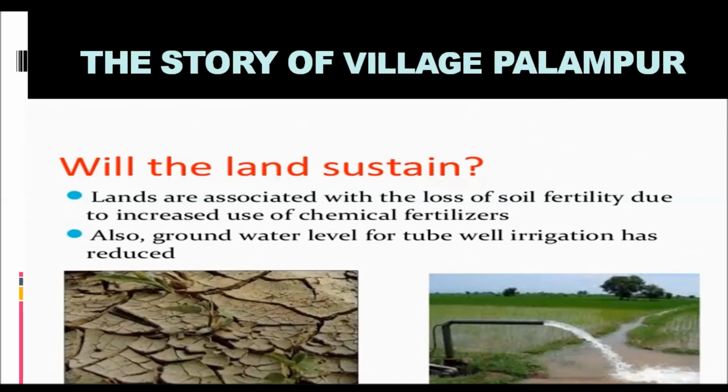Soil has lost its fertility, and also due to the large amounts of water required in modern farming methods, the water table below the ground level has reduced, impacting further the fertility of the soil.